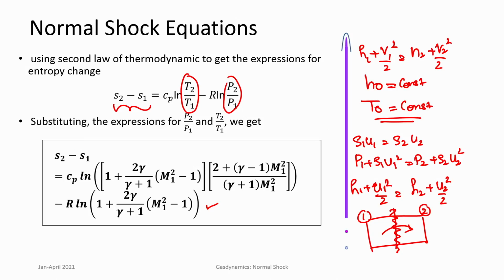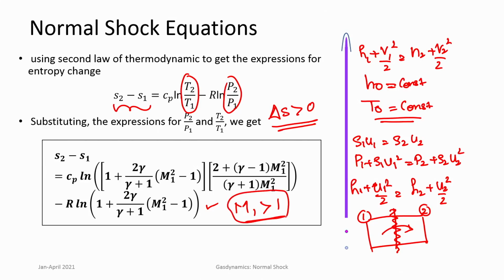There are irreversibilities in the system, that means the change in entropy will be greater than 0. If you apply this condition to this expression, which is only a function of gamma and the upstream Mach number, you will get that M1 has to be greater than 1.